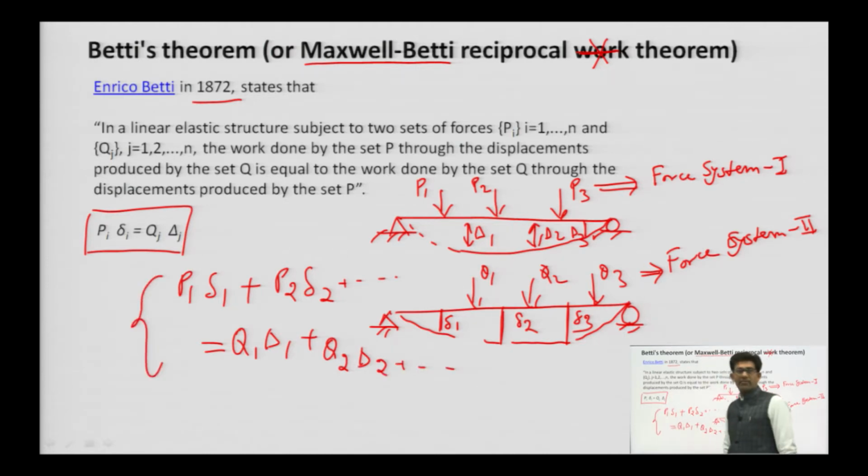This is the generalized theorem. Let me define delta 1 and this small del 1. Del 1 is the displacement.